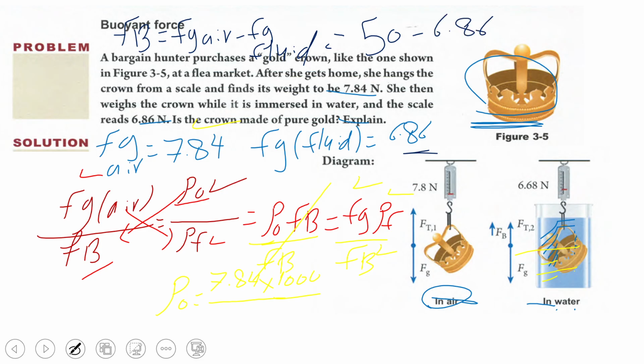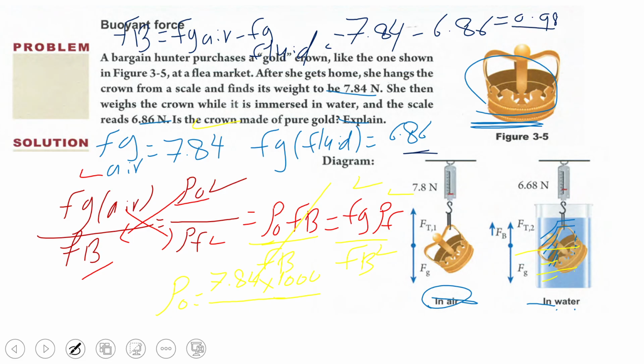Sorry, I thought it was 50, but no, it's 7.84. So 7.84 minus 6.86. The answer is 0.98.